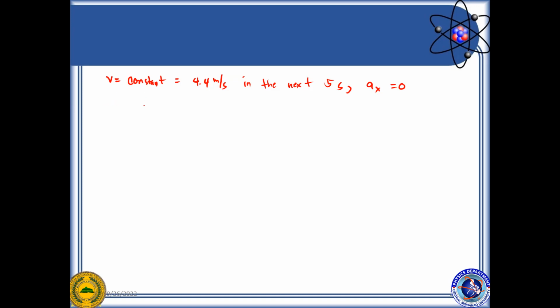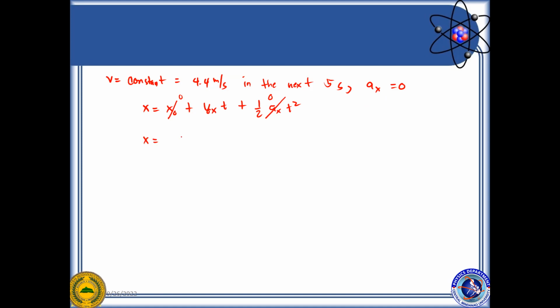So we have x equals x naught plus v naught x times time plus 1 half a sub x t squared, the same equation that we used in letter A. Now this time, the last term is equal to 0 because a sub x equals 0, and x naught is equal to 0.